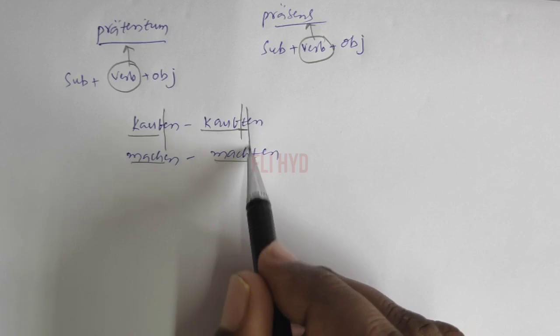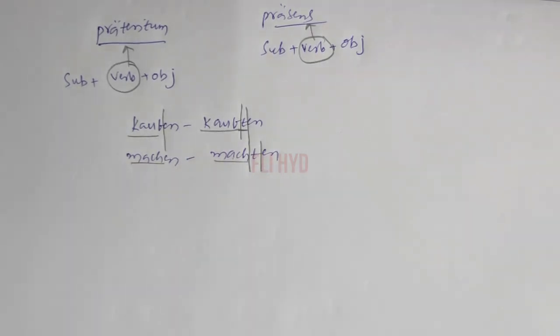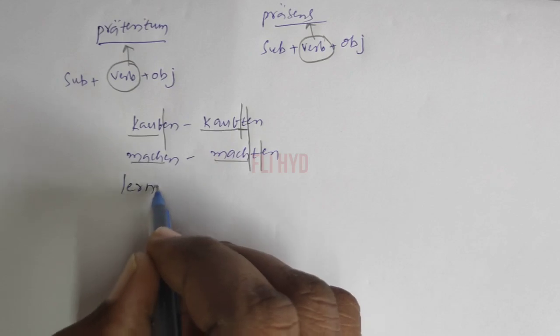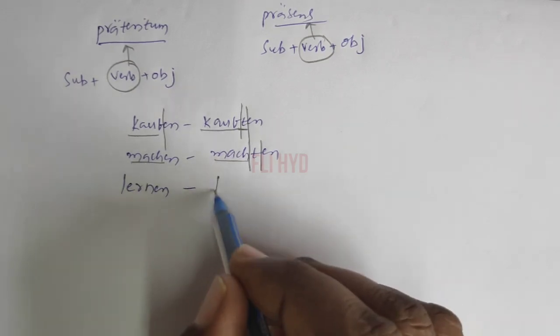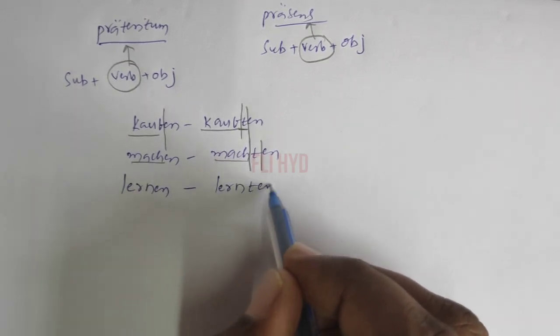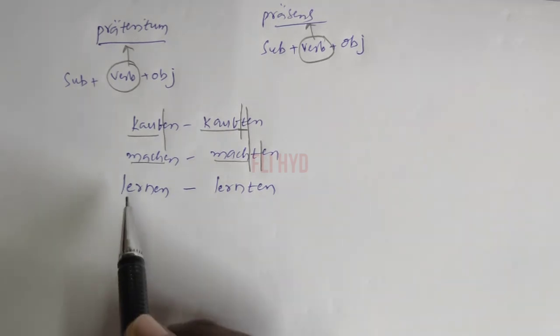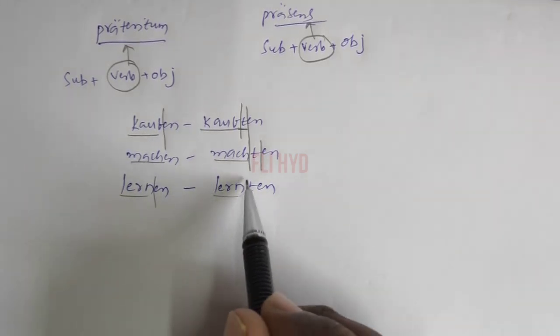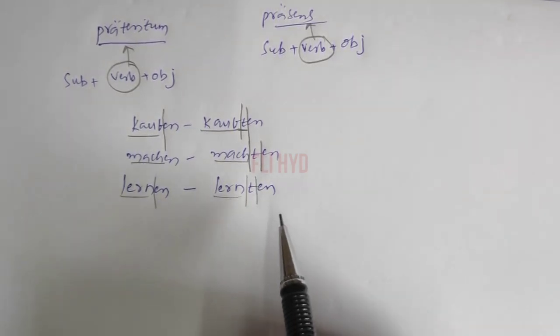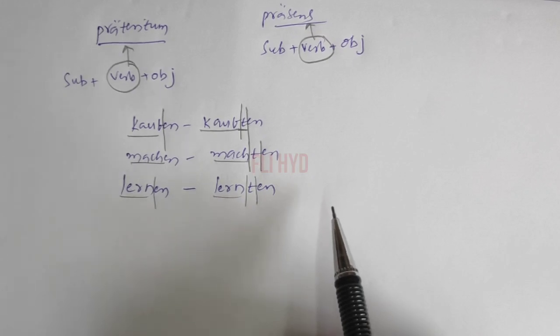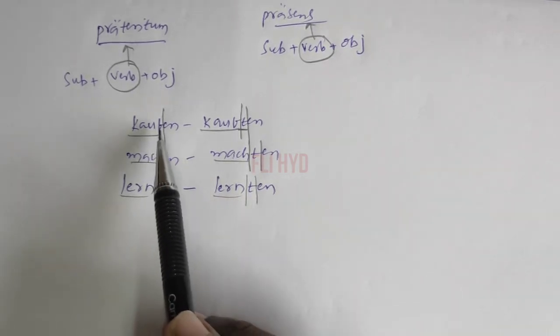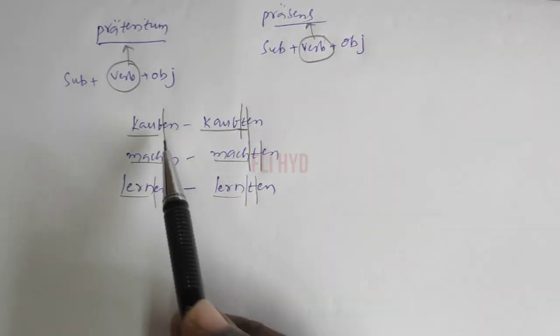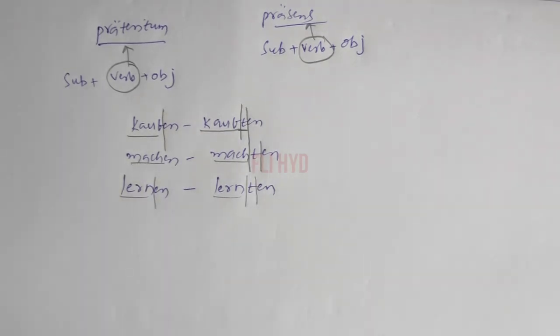The stem is mach, and in the past tense, machten: stem plus t plus en. Like lernen, the past tense is lernten. The stem is lern, so stem plus t plus en. Kaufen, kauften. Machen, machten. Lernen, lernten.